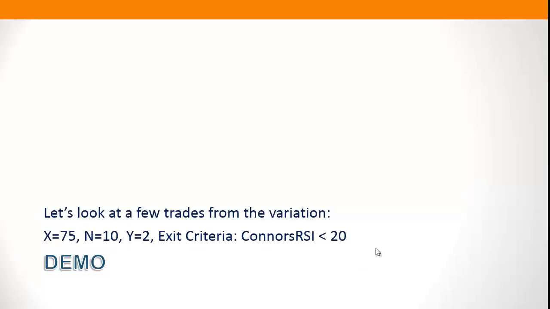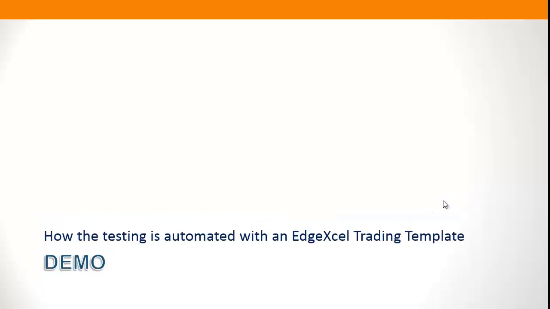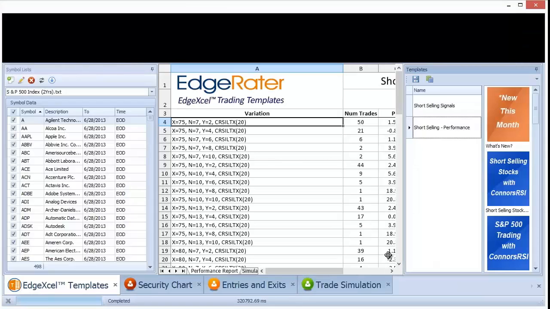It's quite straightforward. And the other thing that you would be interested in doing is, once you've found a variation of the strategy that you're interested in trading, you would then want to go ahead and run that on a daily basis. And the way that you would do that is in the program. Let's go back over to the program here.